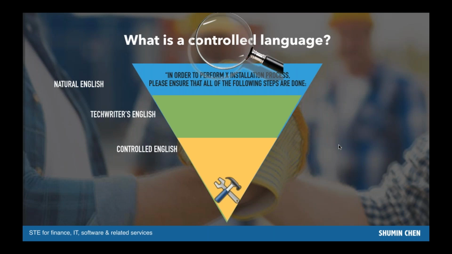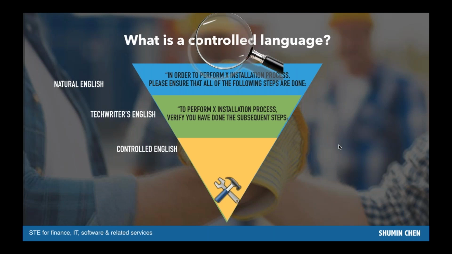But if you try to shorten this sentence, taking the example of one of our colleagues based in Israel who took the training with us for 2 days, she starts writing in STE, which promotes conciseness and accuracy. So she started rewriting it in such a way that says, to perform X installation process, verify you have done the subsequent steps.